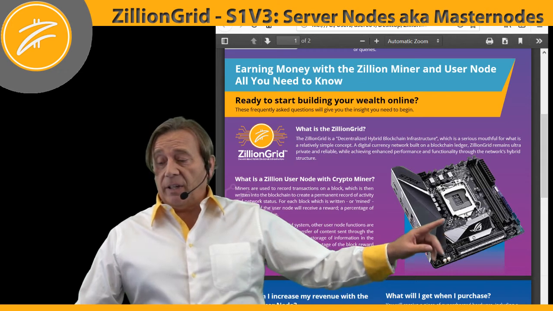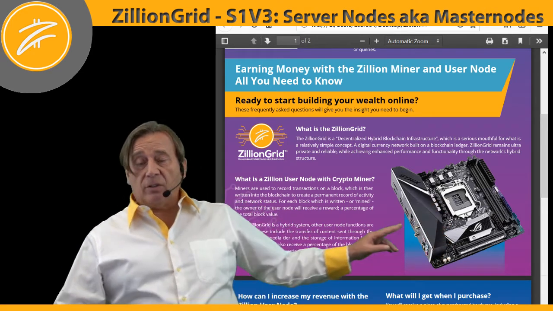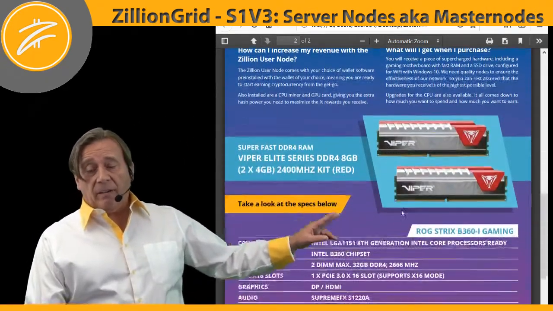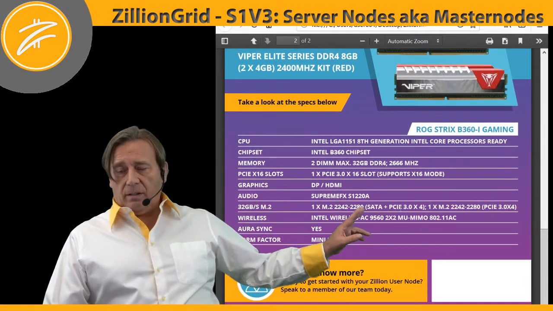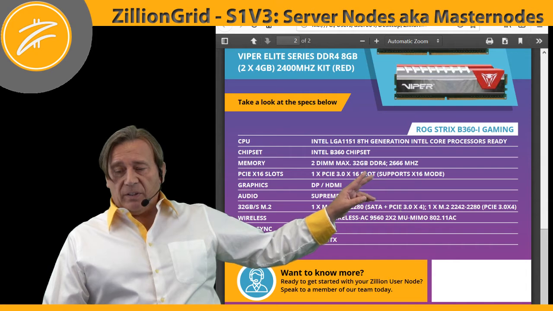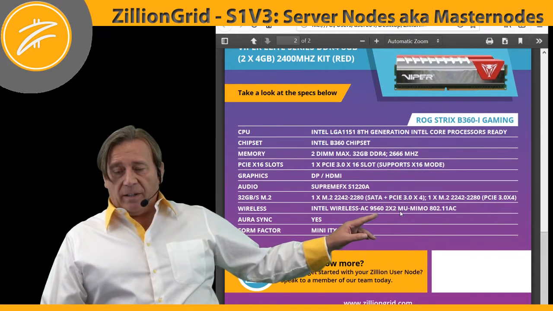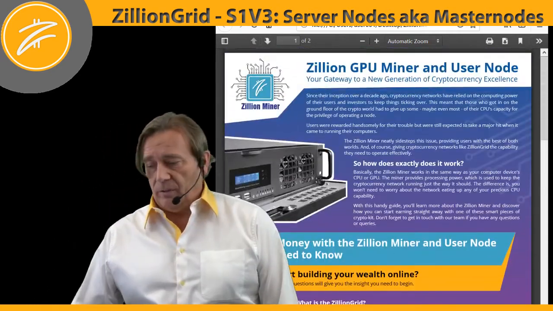Everything is on here. You can see here the M.2. You have a PCI expansion slot for a GPU card. We have DDR4 fast RAM up to 32, I think, gigs. Here you see the Intel chipsets, the PCIe, the HDMI, the wireless, all the specs that come with this particular configuration.